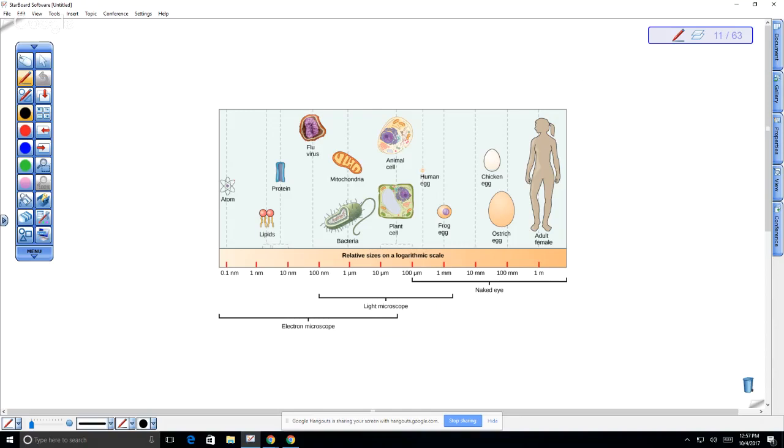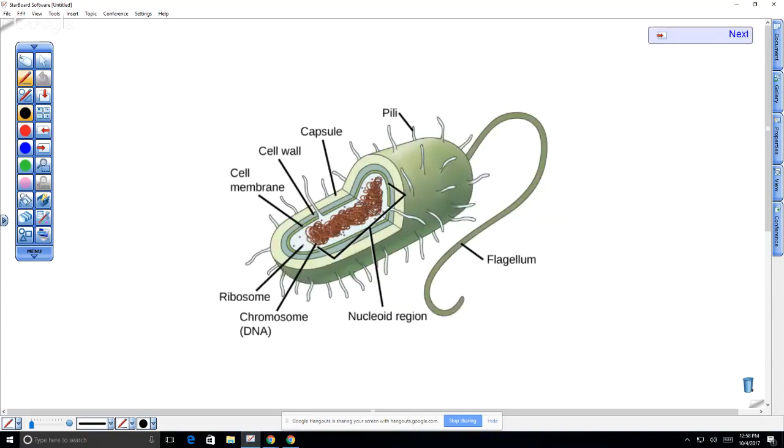And then the organelles and the bacteria are much, much smaller. We cannot see atoms with a light microscope, and we cannot see most of the larger molecules. You would never be able to see a protein underneath a light microscope because it is too small. So it just gives you an idea of the scale.